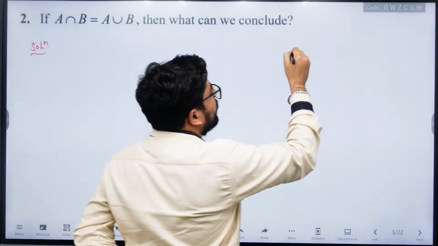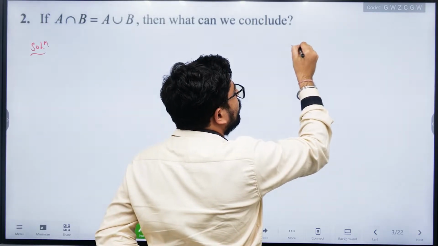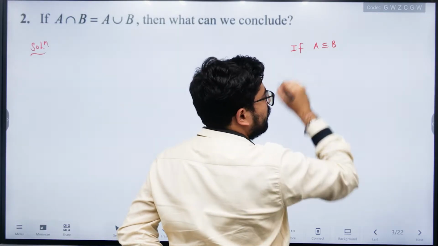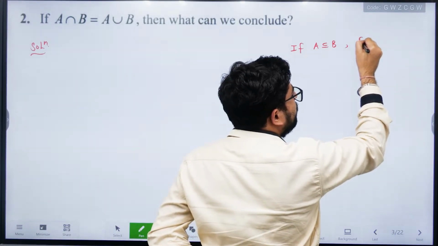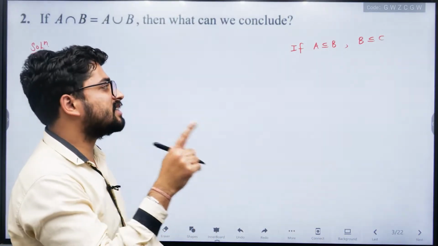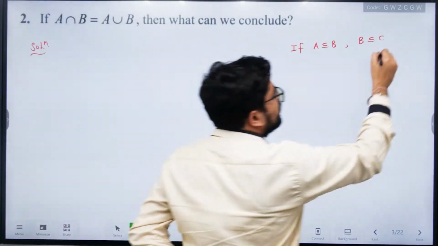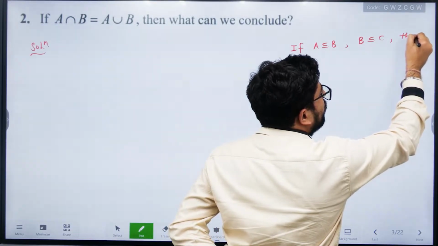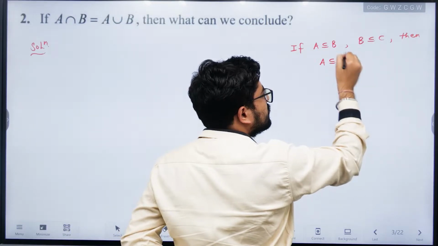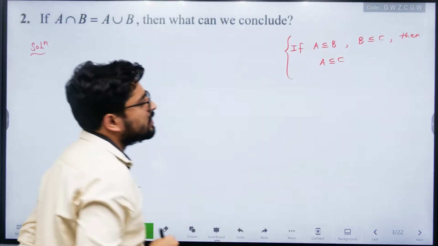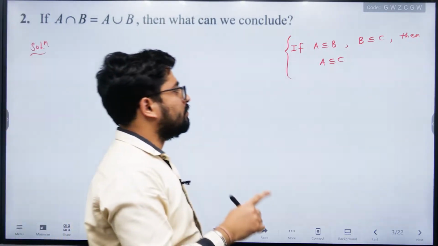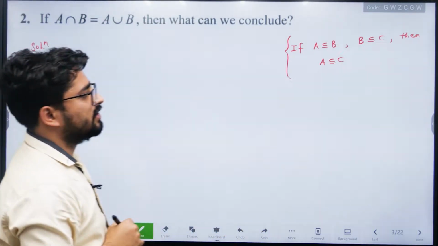First of all, if A is a subset of B and B is a subset of C, we know this thing: then A is a subset of set C. Yes, if A is a subset of B and B is a subset of C, then A must be a subset of your set C.